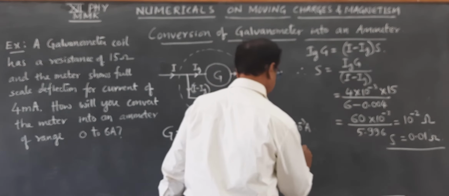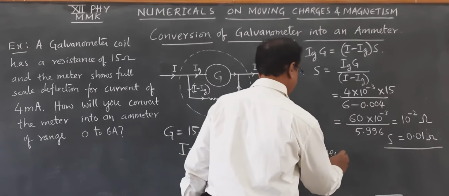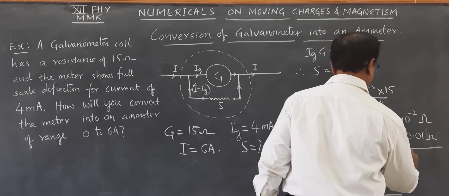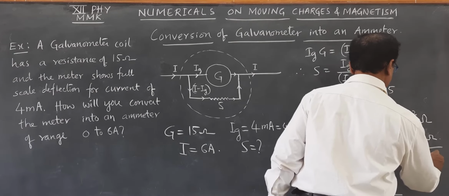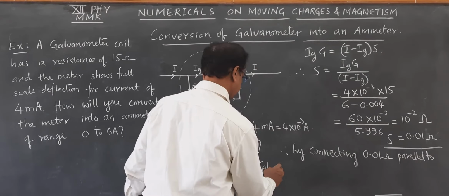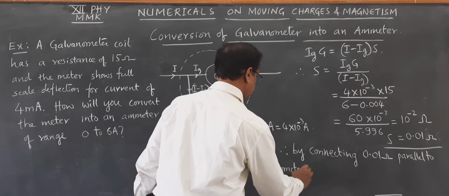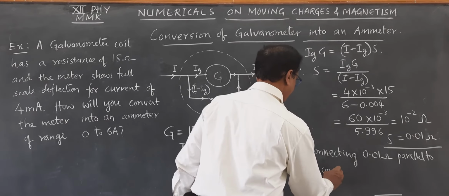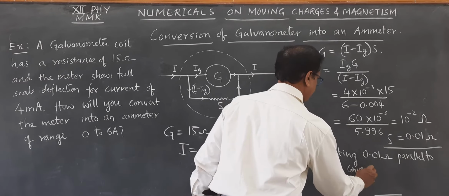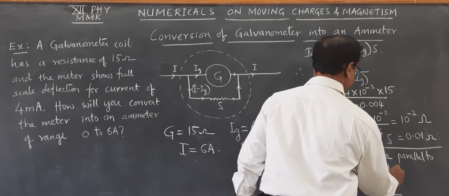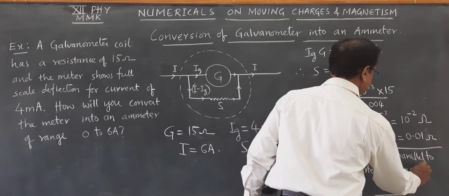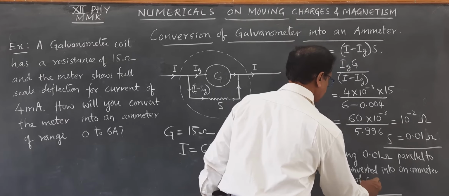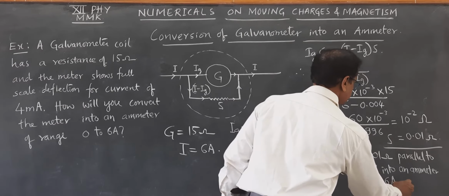Therefore, by connecting 0.01 ohm parallel to the galvanometer, it can be converted into an ammeter of 0 to 6 amperes.